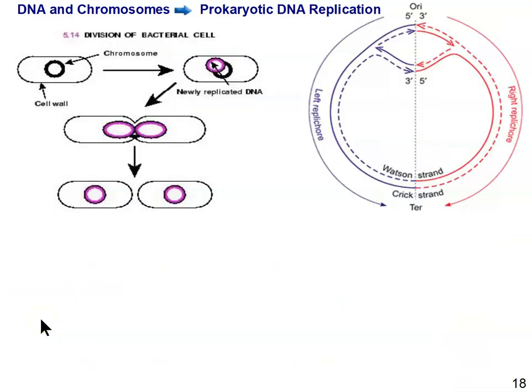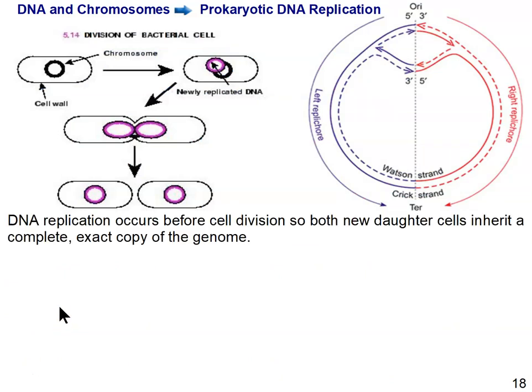So because the chromosomes are different in prokaryotes and eukaryotes, DNA replication is a little bit different in prokaryotes versus eukaryotes also. So the prokaryotes have a circular chromosome, and that's what's being represented here. It's also being represented in this diagram. So this is a cell that's undergoing cell division. This is a prokaryotic cell undergoing cell division, which in prokaryotes, because they're single-celled organisms, is the same thing as asexual reproduction.